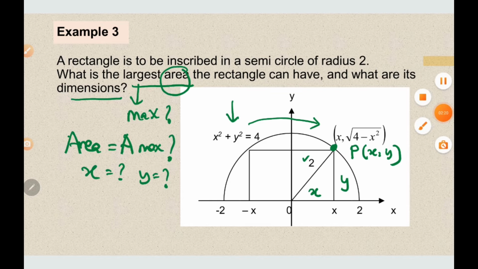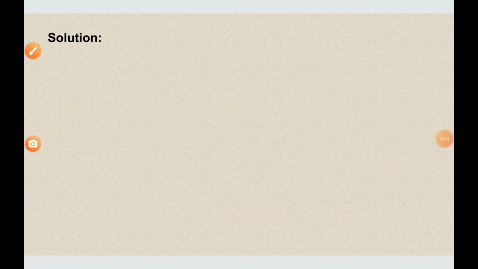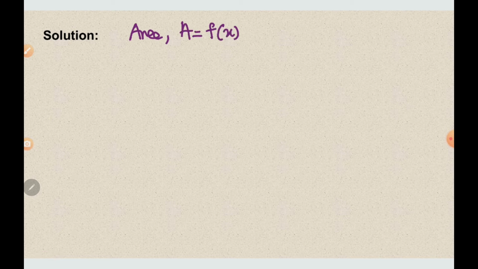The question asks to find the largest or the maximum area, which means you have to write area A as a subject in terms of x. Why?